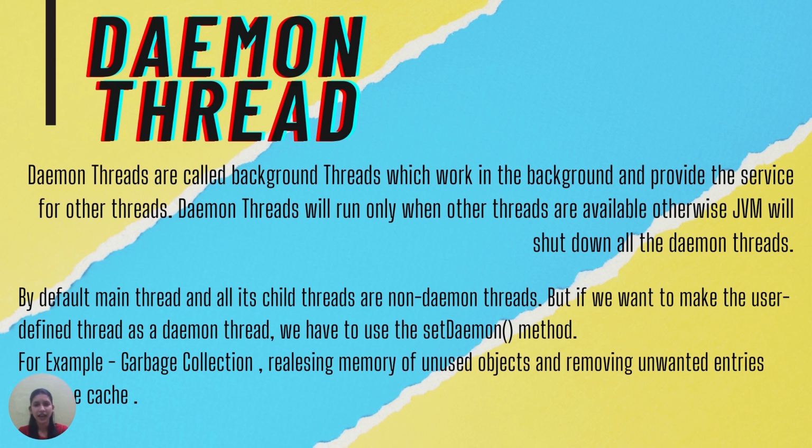The main thread and all its child threads are non-daemon threads. But if we want, we can make the user-defined thread as a daemon thread by using the setDaemon method. Daemon threads are mostly used in garbage collection, releasing memory of unused objects, and removing unwanted entries from the cache.